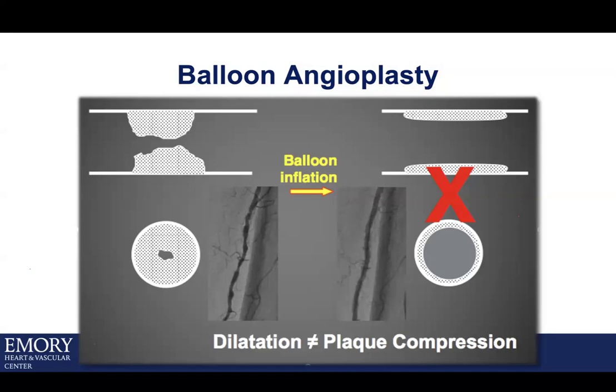How do balloons work? So when you have a calcified or fibrotic atherosclerotic plaque, like in this picture, when you inflate the balloon, the plaque will not get thinner and will not get compressed. That's not what happens with ballooning.